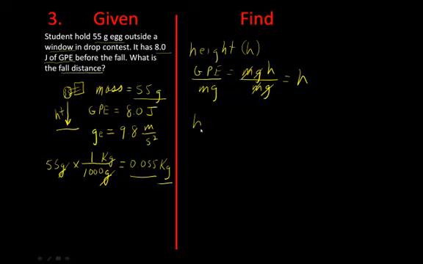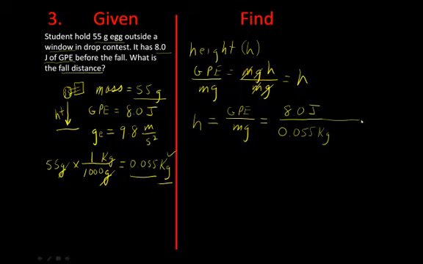Okay, so now we have height is equal to GPE. Let's just rewrite that. Always keep things in order. Divided by mg is equal to GPE, and we have it in joules, 8.0 joules, divided by mass, which was over here. You have to come down to the kilograms one, got to remember, and that's 0.055 kilograms.